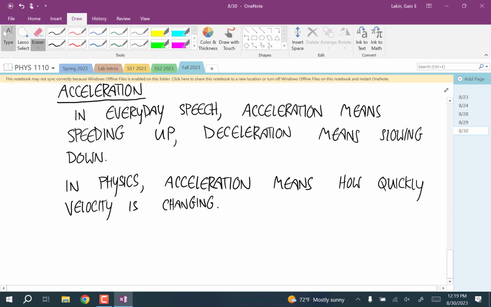In one-dimensional motion, like we're doing right now, it can mean speeding up or slowing down.